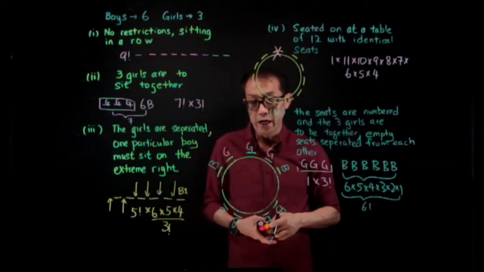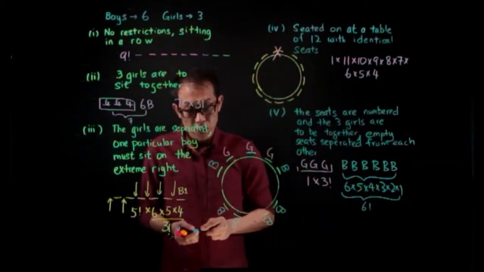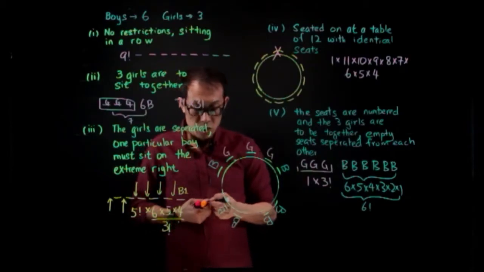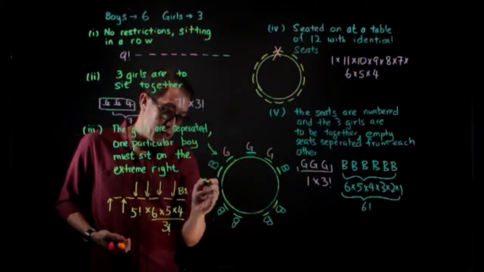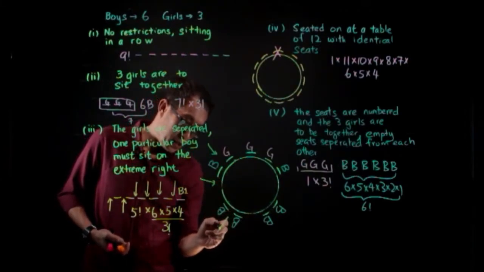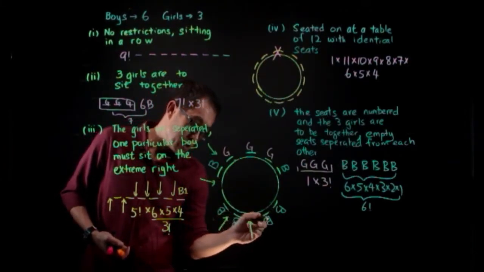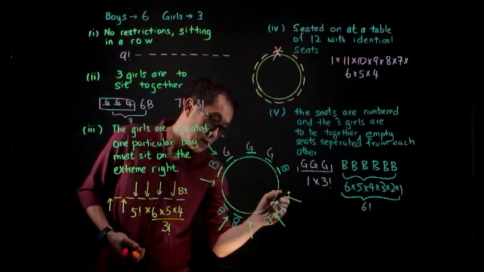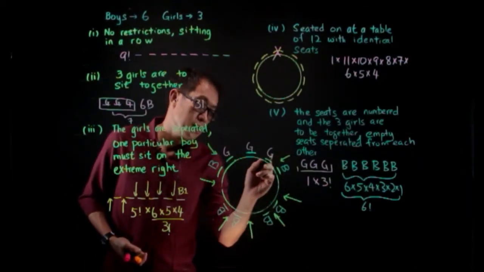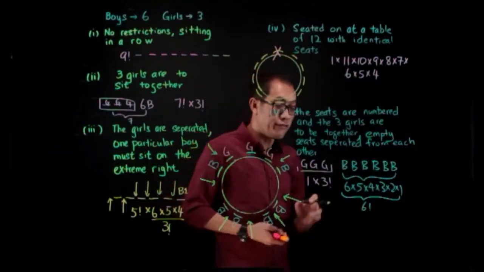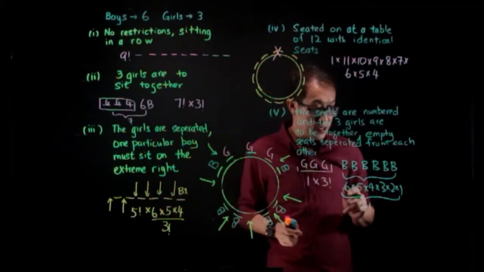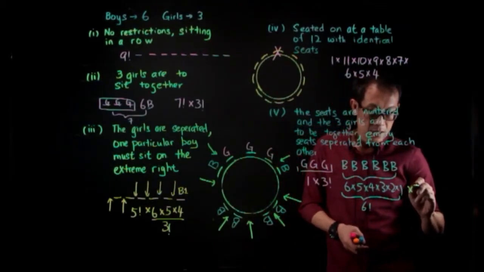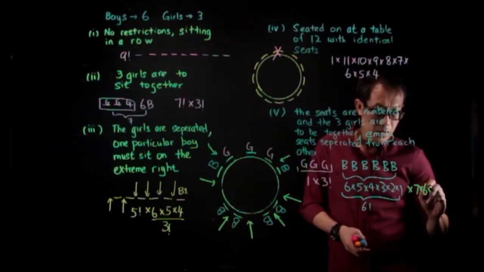Now we put in the chairs. Where can we slot in the chairs? We can slot in the chairs here, here, here, here, here, here, or here. So you find that the first chair has 7 choices, followed by 6, followed by 5.